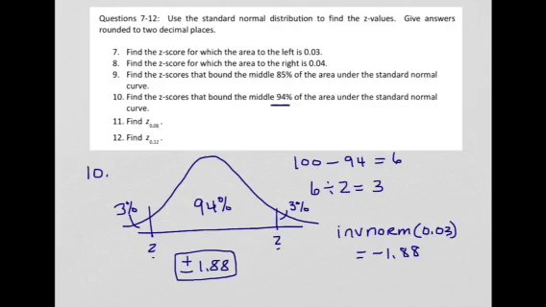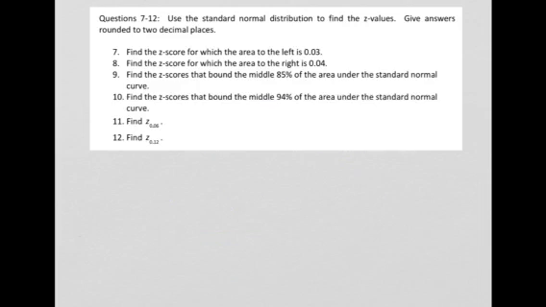Okay, so now for problems 11 and 12. This is the same type of problem we've been doing, but the notation is a little different. So for number 11, it asks us to find z sub 0.06. So that's how you read that. Z sub 0.06.